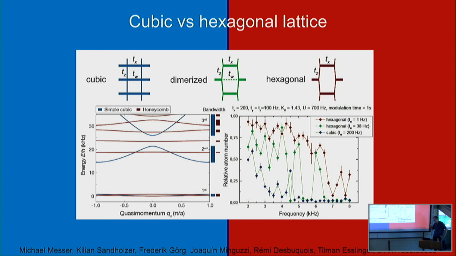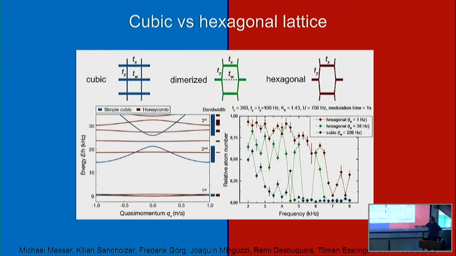But it seems that the main point is that the lattice structure of this hexagonal lattice has, along this direction, a band structure where the excited bands are very flat. That's because of this missing bond. And this allows you to drive along this direction over a large frequency range. You don't have states there.